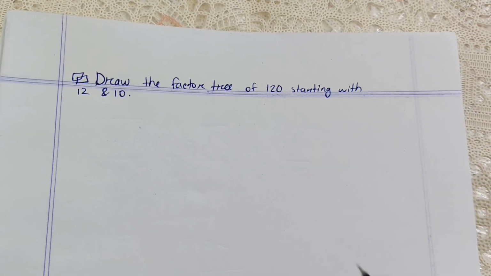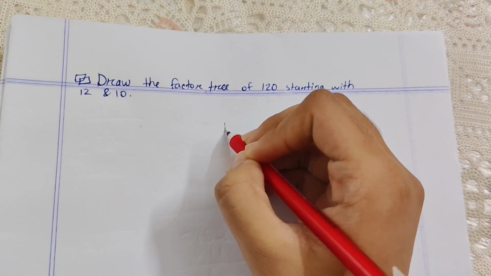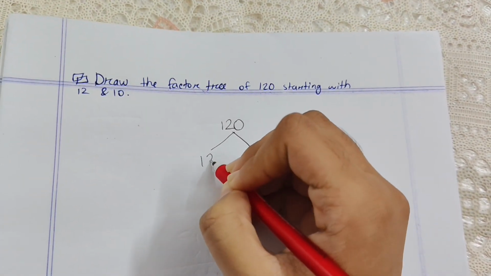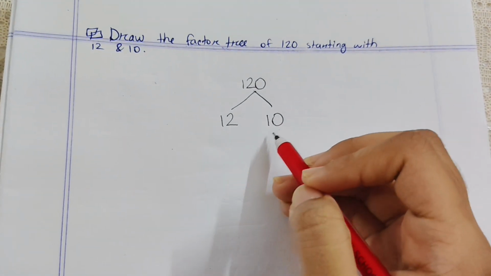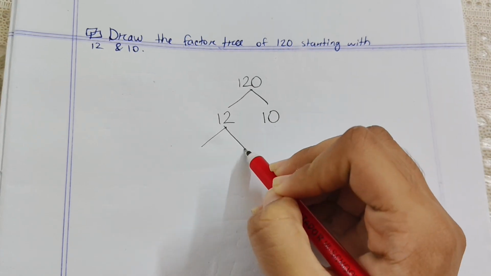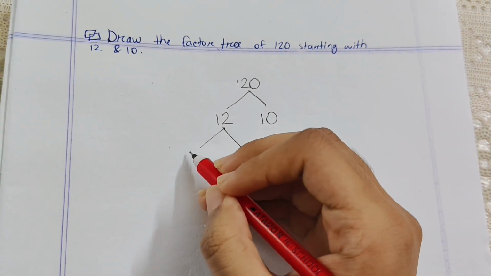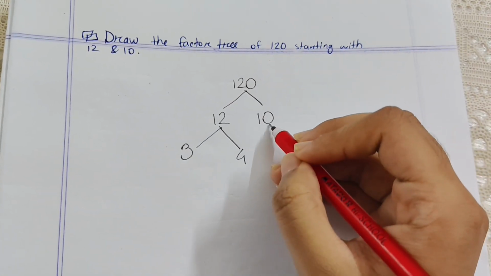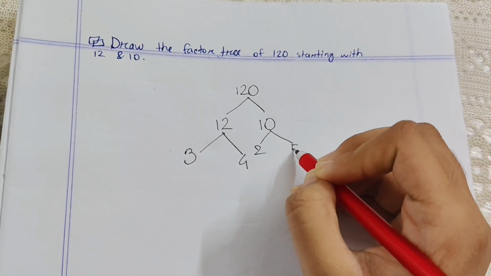Now let's do it in the book style, according to the steps in the book, of course. So if we do it like that, put 12 here and 10 here. Now, if you notice, we can divide these into prime numbers as well. 12 into 3 and 4, and 10 into 2 and 5.